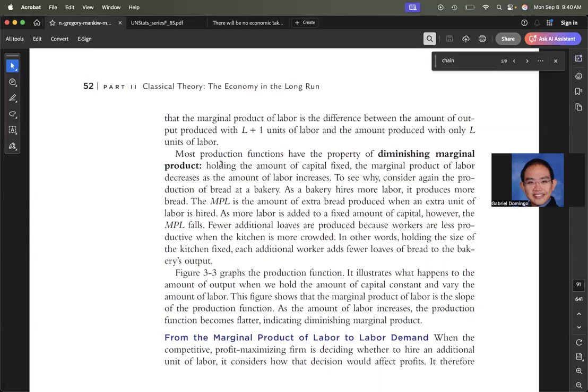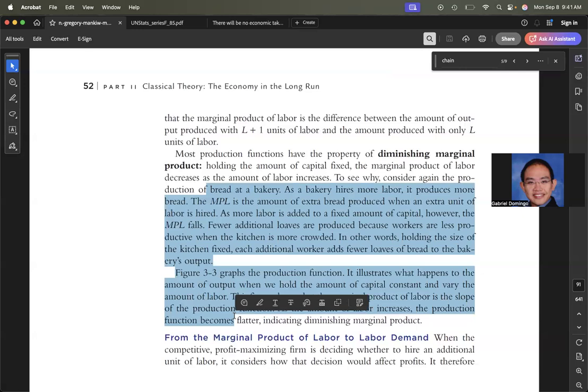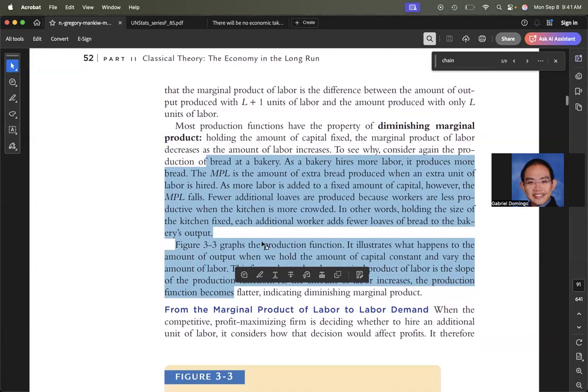The intuition is here in this paragraph. Holding the amount of capital fixed, the marginal product of labor decreases as the amount of labor increases. Consider production of bread in the bakery. As the bakery hires more and more labor, it produces more bread. The MPL is the amount of extra bread produced when an extra unit of labor is hired. As more labor is added to a fixed amount of capital, the MPL falls. Fewer additional loaves are produced. Why?